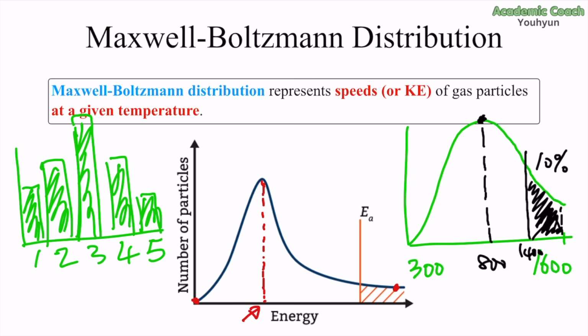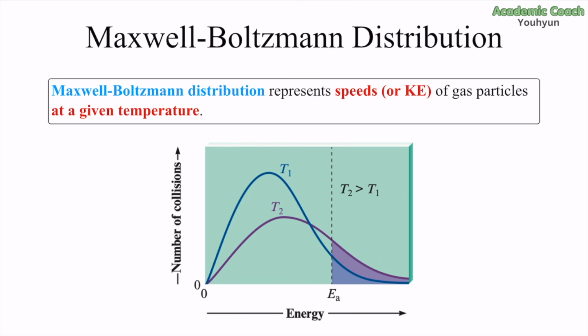And the activation energy, or the threshold, is right here. That means only a small fraction of the particles qualify to go through the chemical reaction. Let's say only 5%. And that's how we explain why not every single collision leads to a successful chemical reaction.